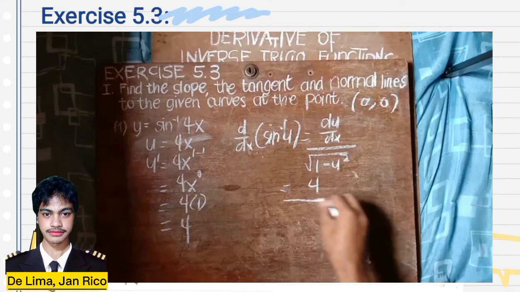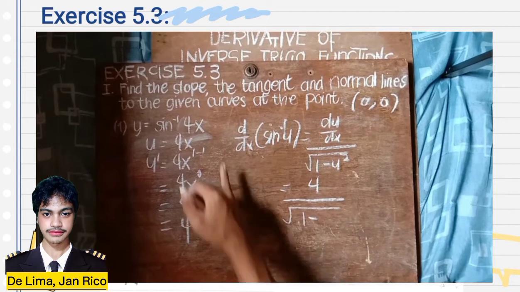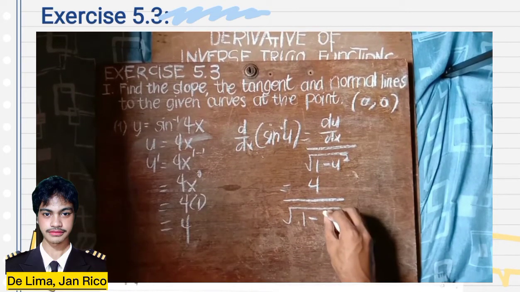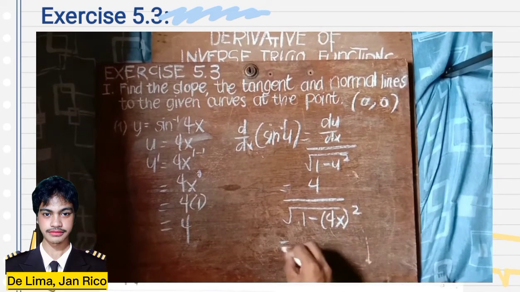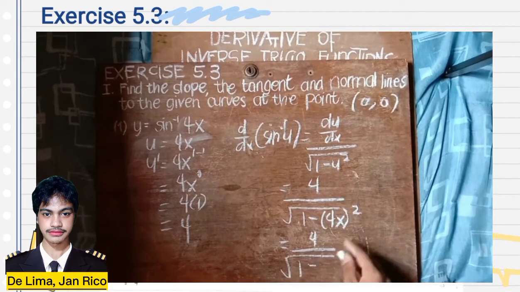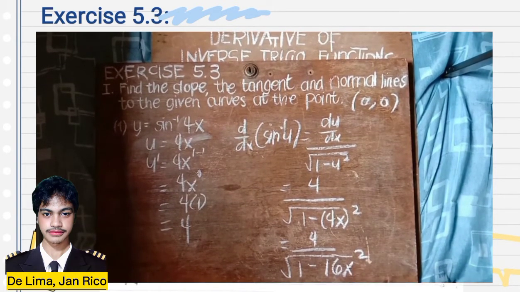So this will be 4 over the square root of 1 minus u squared. And our u is 4x, so we substitute 4x squared. This will result to 4 over the square root of 1 minus 4x squared, which is 16x squared. So our answer is 4 over the square root of 1 minus 16x squared.